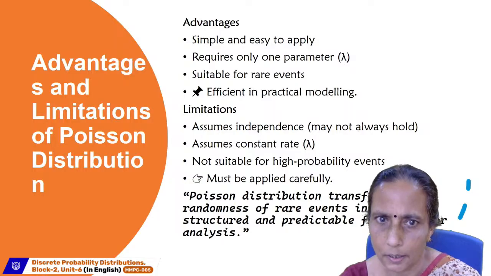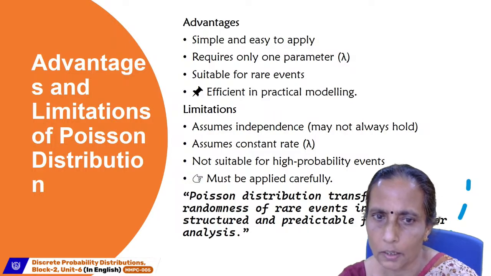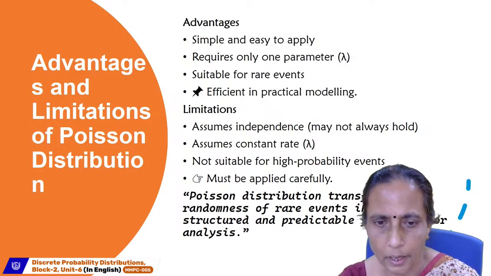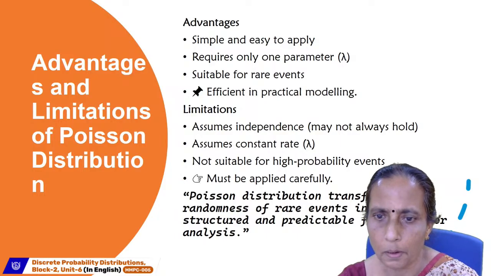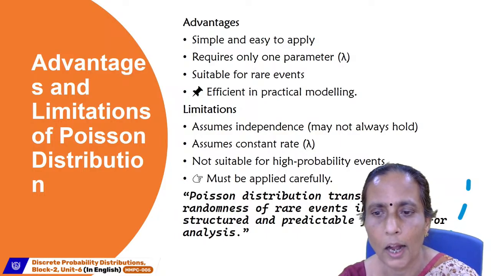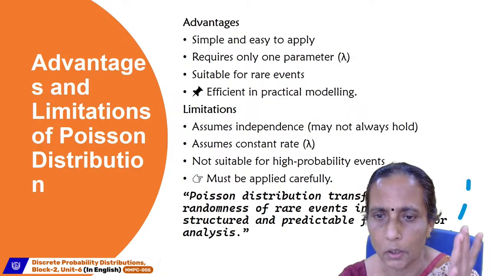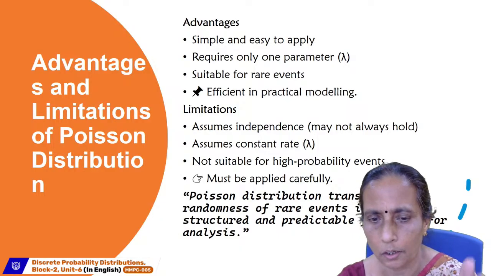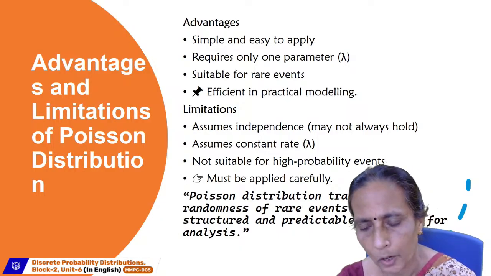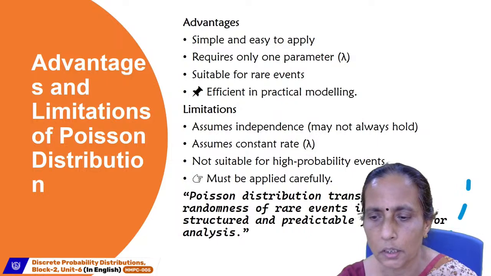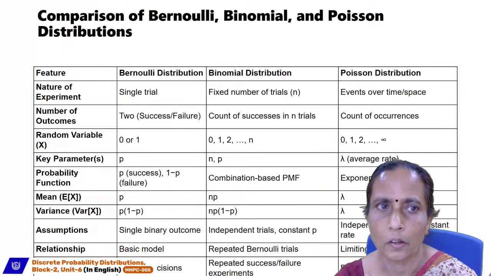And advantages, you may say, it is simple, easy to apply, suitable for rare events. Limitations may be not suitable for high probability events, because it assumes a constant rate. So your Poisson distribution transforms randomness of rare events into a structured and predictable framework for analysis.